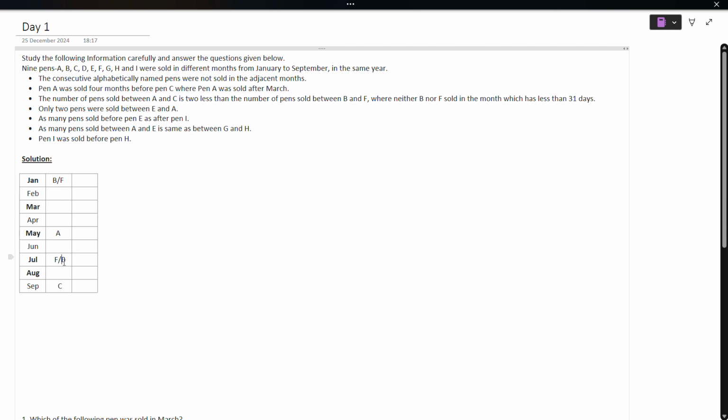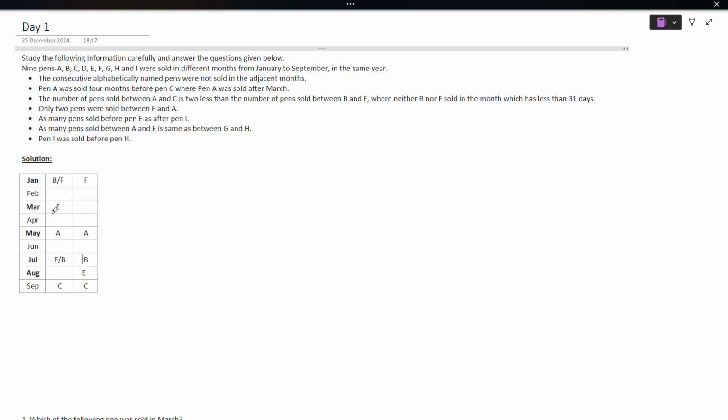Similarly, in this, E can be either here or here. Let's have E here or E can be here, and the remaining possibilities remain in those places. B or F. Okay, we can see here E and F are together, so this cannot be, and we can have F here.